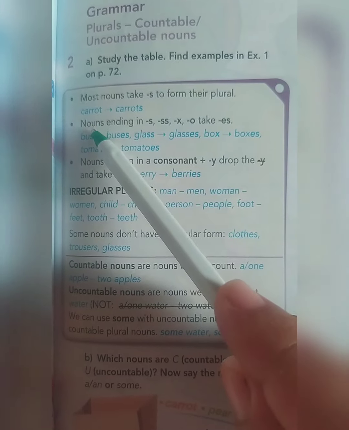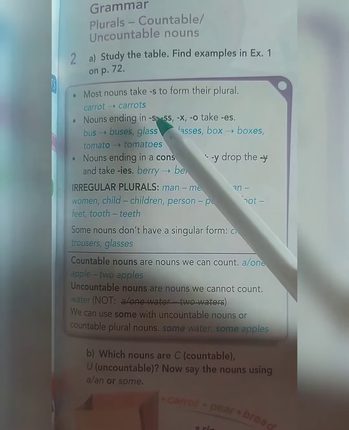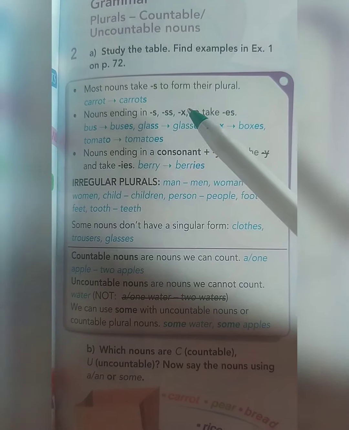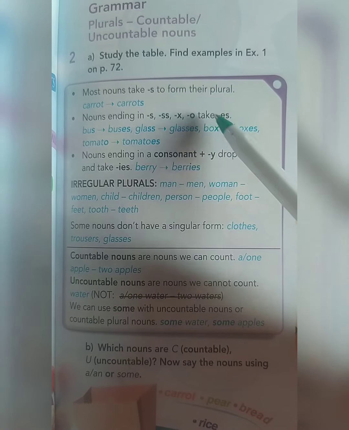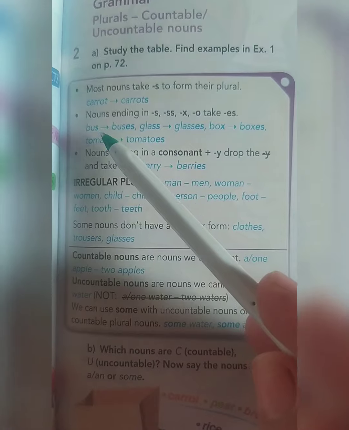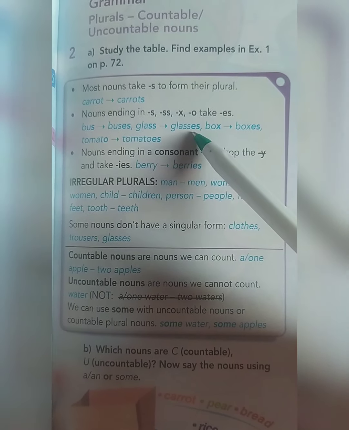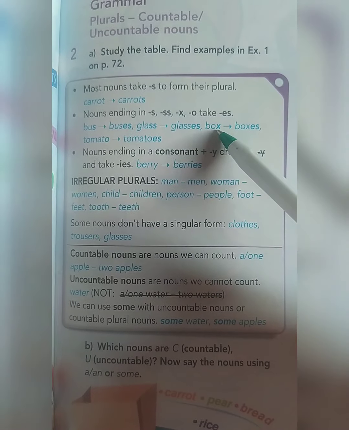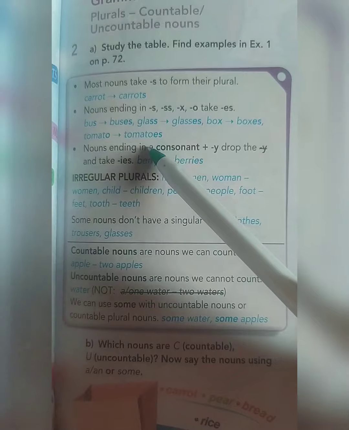Nouns ending in S, double S, X, and O take ES. For example, bus, buses; glass, glasses; box, boxes; tomato, tomatoes.